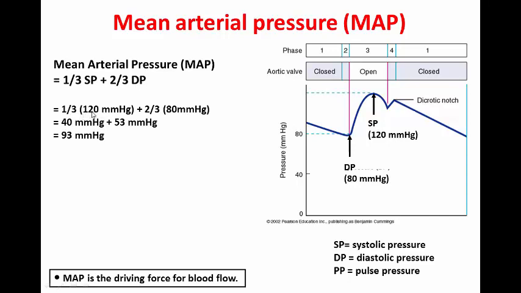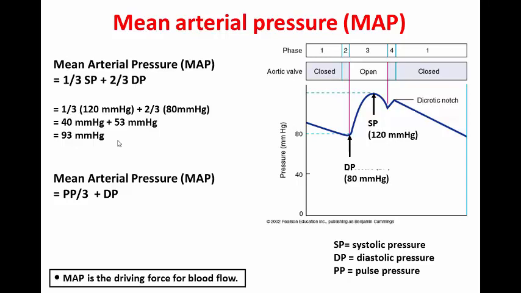1/3 of the systolic pressure is 40 millimeters of mercury, and 2/3 of the diastolic pressure is 53 millimeters of mercury, so the mean arterial pressure is about 93 millimeters of mercury.